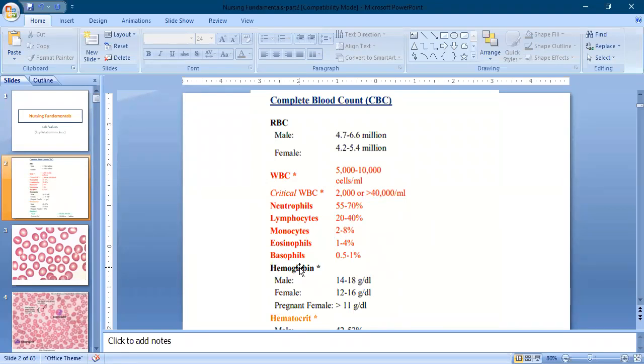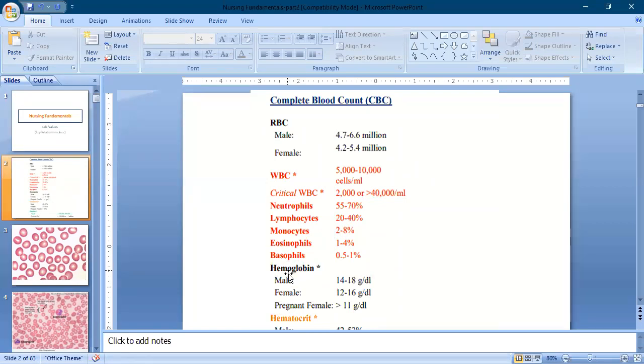So when red blood cell is less than normal, or red blood cell is easily broken down, at that time hemoglobin concentration also goes down, and the patient develops anemia.